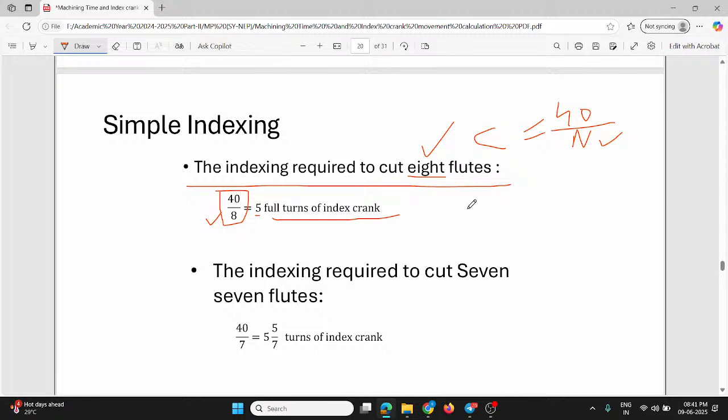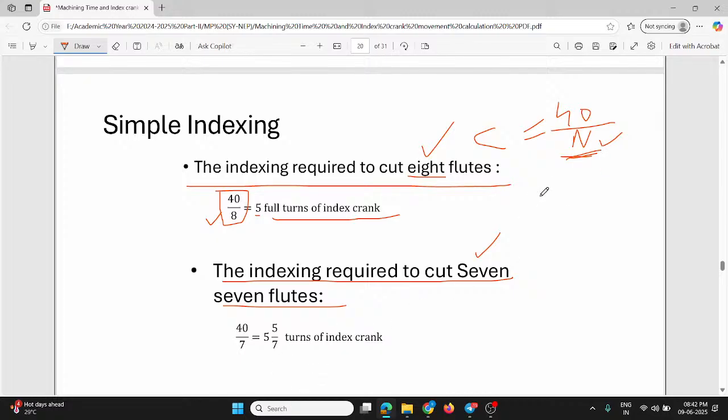Okay, so again another numerical, and this PPT I have already shared. The indexing required to cut 7 flutes. 7 flutes are required to be cut, or in other words, we want to divide the periphery into 7 equal divisions. That is the n.